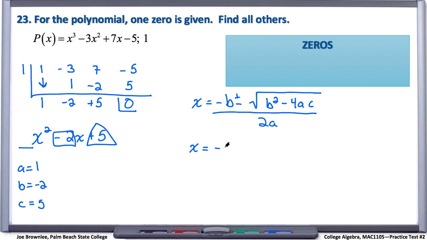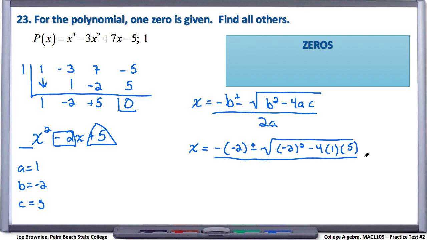So we have x equals negative b plus and minus the square root of b squared minus 4ac all divided by 2a.